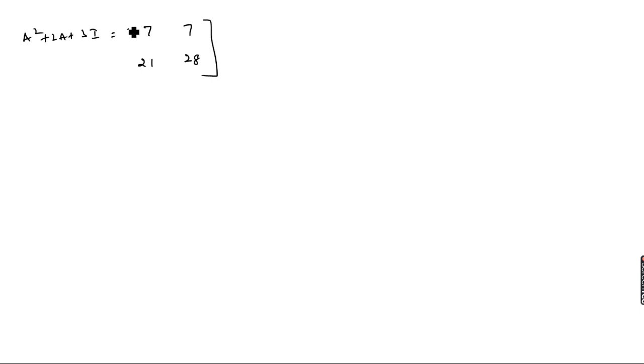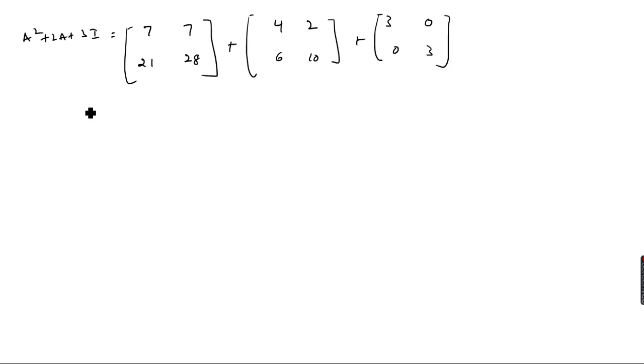This is A square plus 2A. What is the 2A value? The 2A is nothing but 4 2 6 10, plus 3I, nothing but 3 0 0 3. For addition, add the corresponding elements.